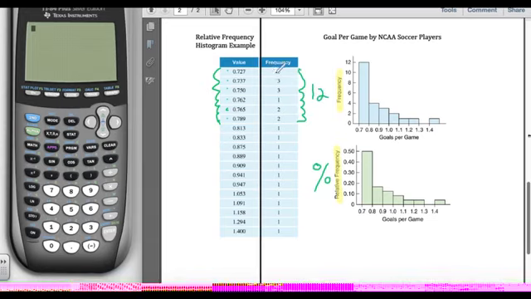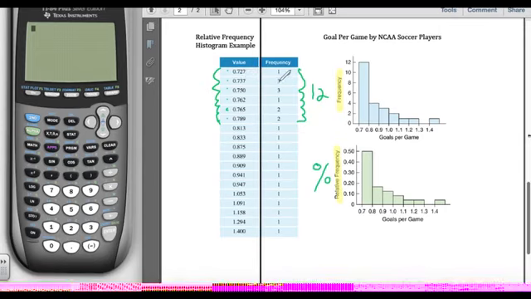You had one player in the NCAA soccer players who scored 0.727 goals per game on average.